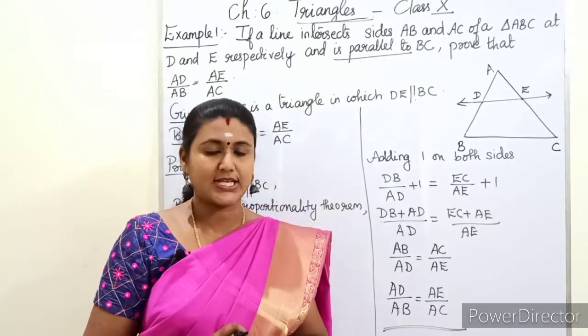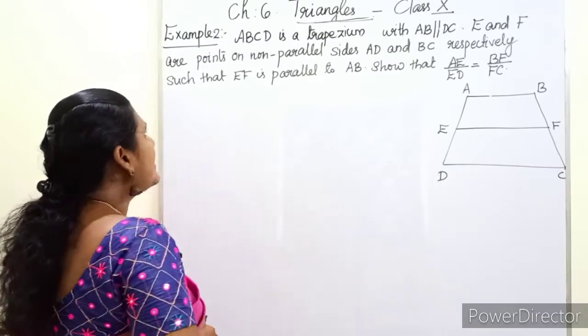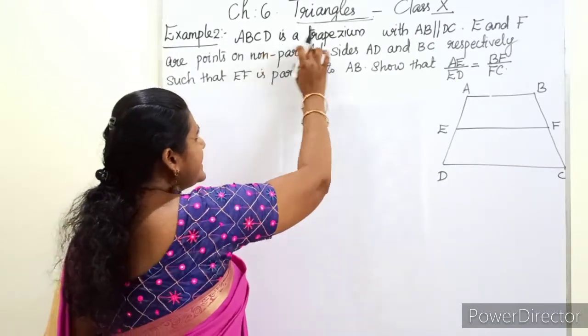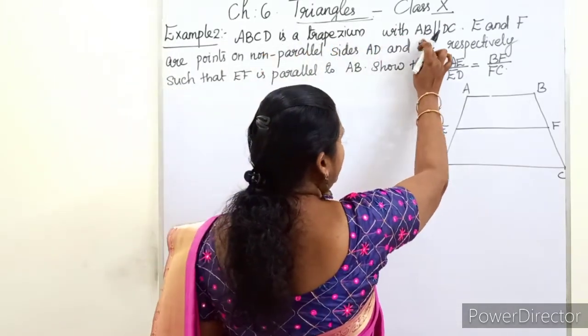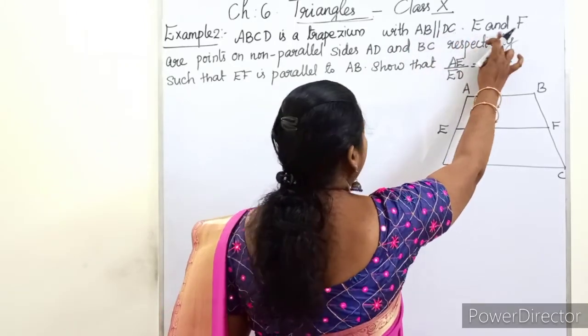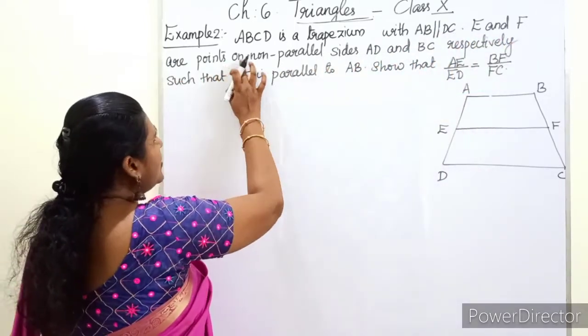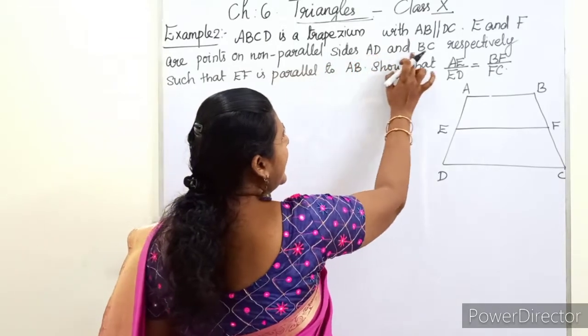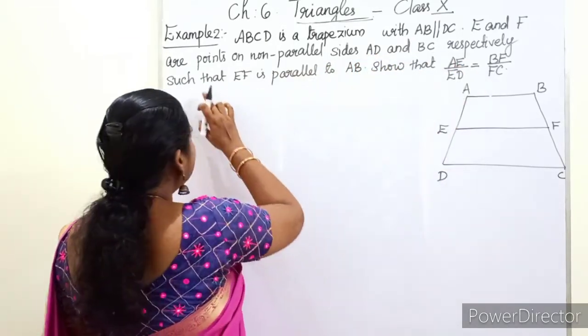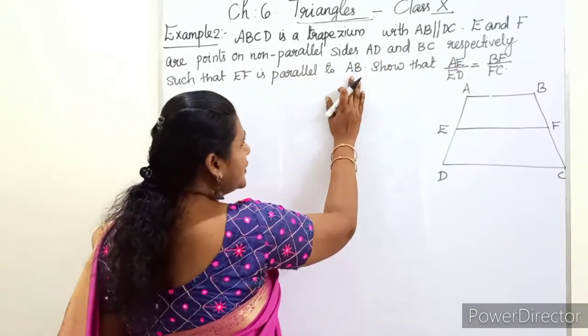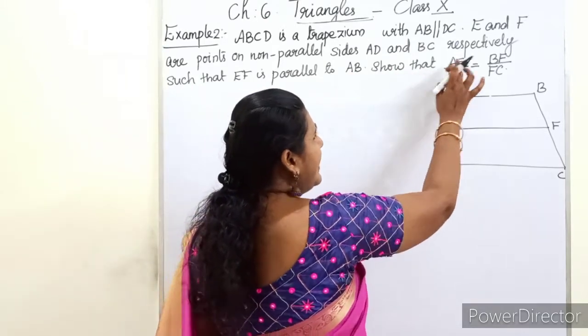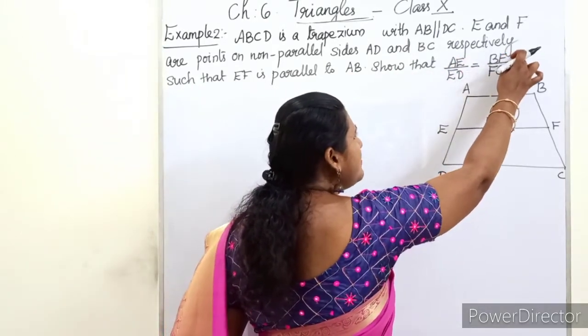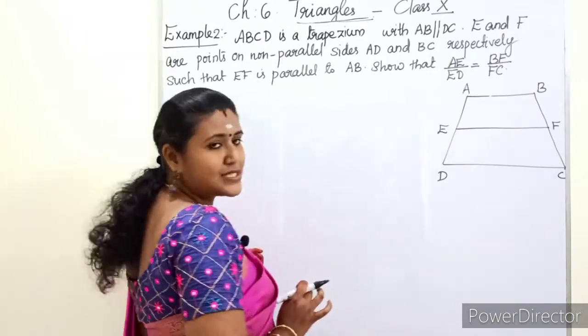Now we will see the next example. Example 2. ABCD is a trapezium with AB parallel to DC. E and F are points on non-parallel sides AD and BC respectively, such that EF is parallel to AB. Then show that AE by ED is equal to BF by FC. So this is the question.